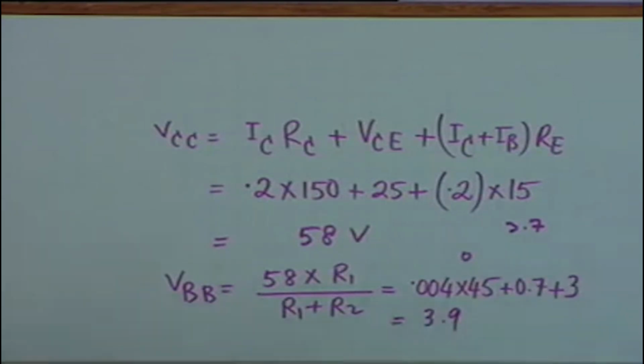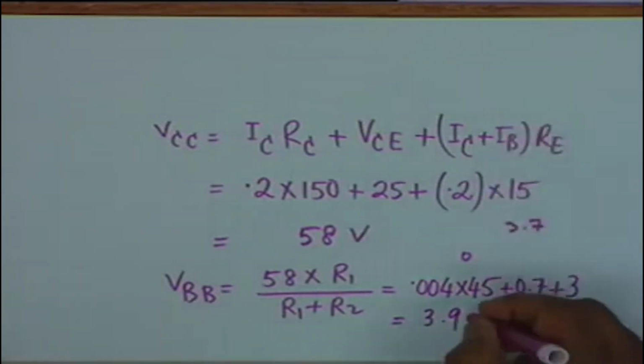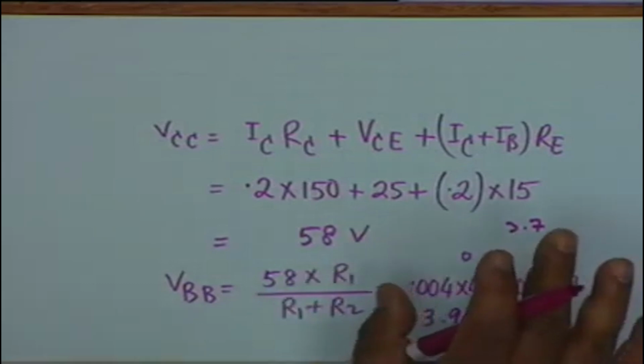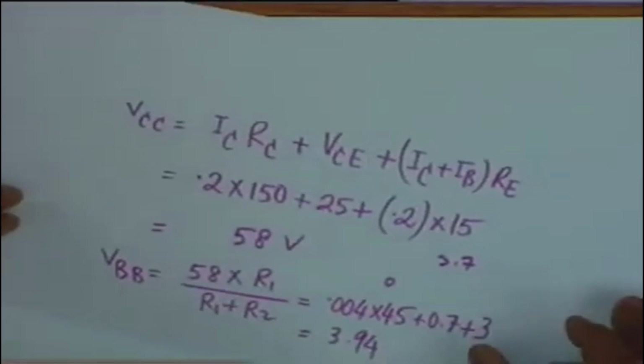Actually, we ignored that I sub B here. If we had not ignored it, it would come to about 3.94 or so. Whatever it comes to, there is a figure. So we know VBB, and therefore we have two equations.